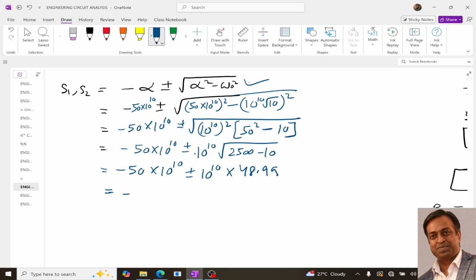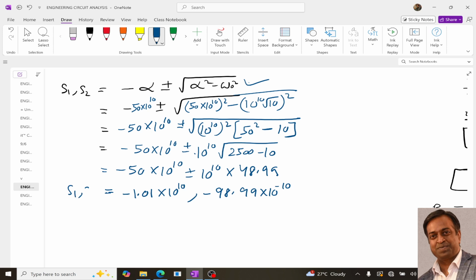Taking the plus sign first, you will get the value as minus 1.01 into 10 power 10, and the second value with the minus sign will be minus 98.99 into 10 power 10.